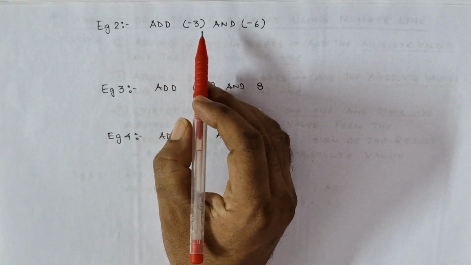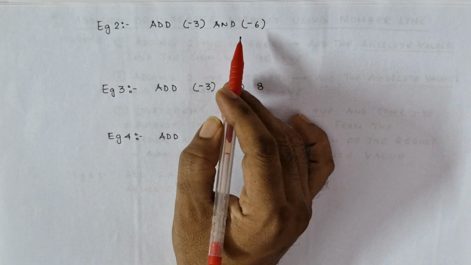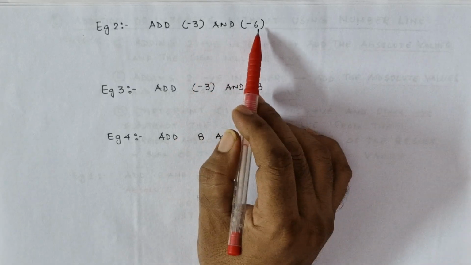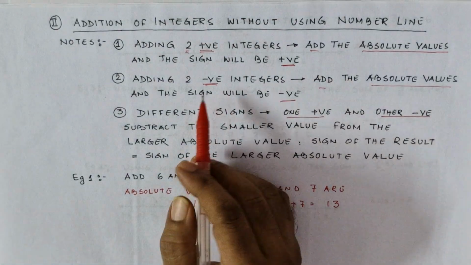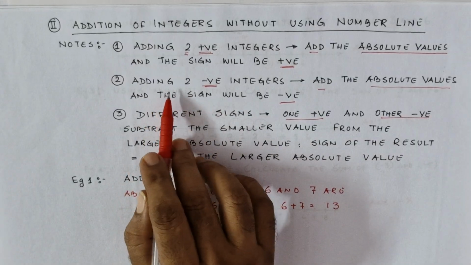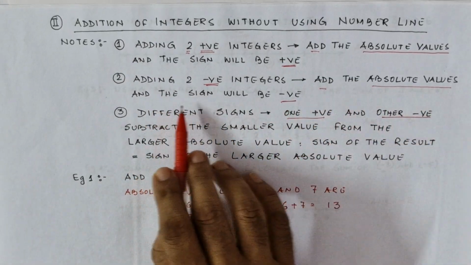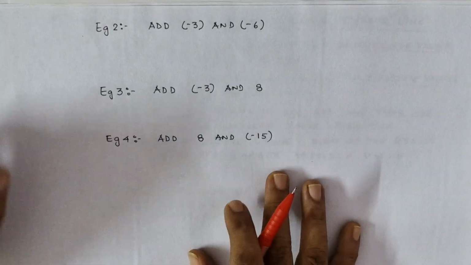See example 2, add minus 3 and minus 6. Both are negative. So what have we learned just before? Adding two negative integers means add the absolute values and put a negative sign.